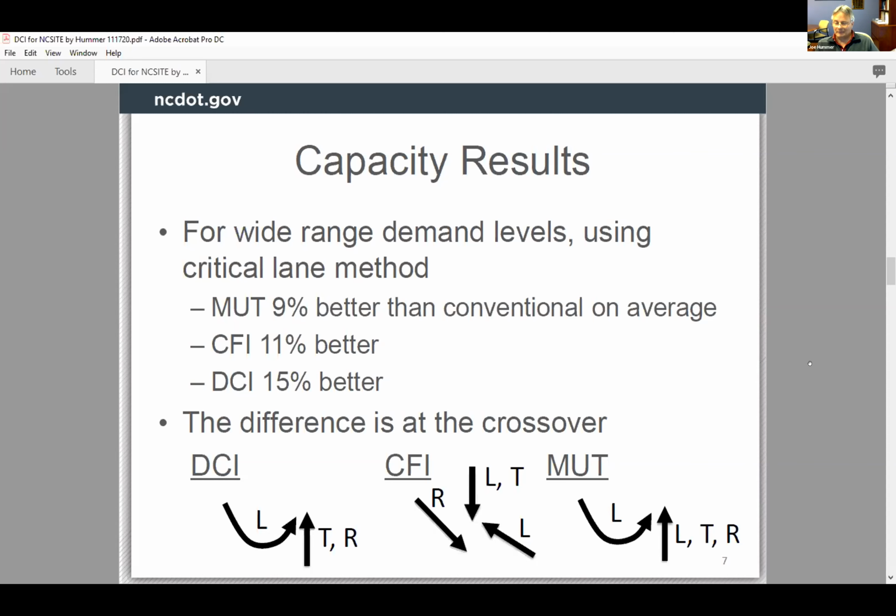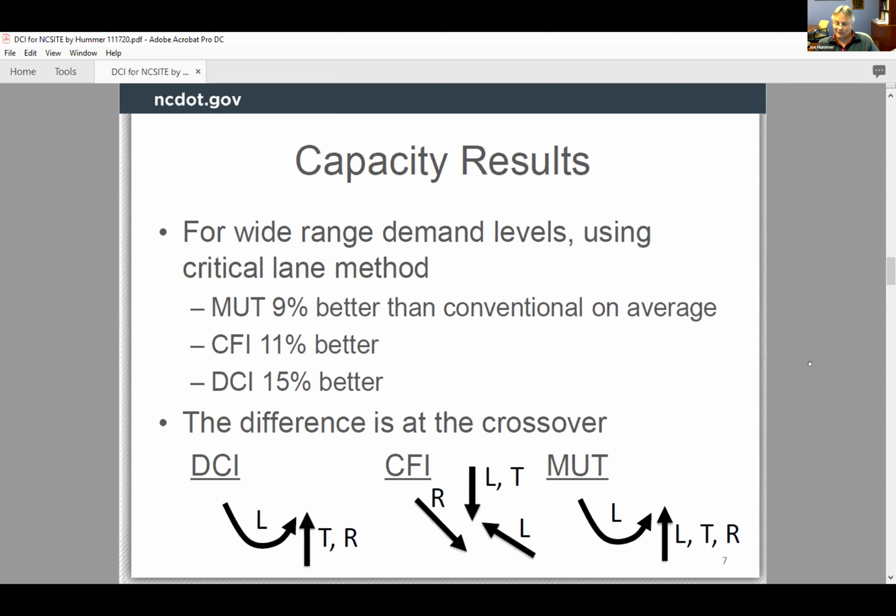At the crossover, which is the capacity bottleneck, the DCI has three vehicle streams that move and conflict with each other. The CFI has four, and the median U-turn has four.